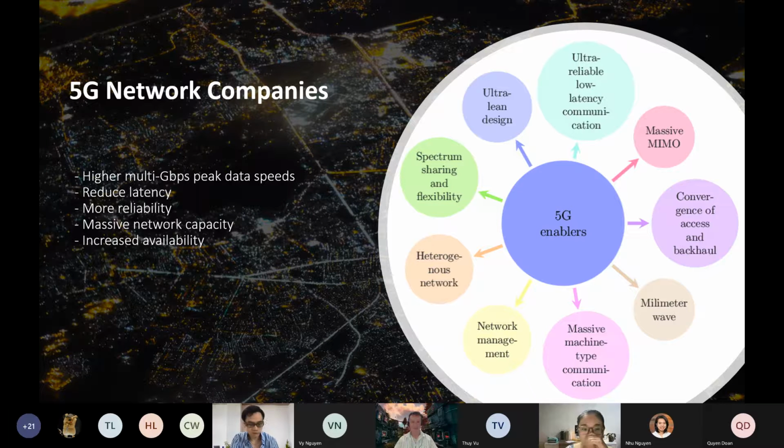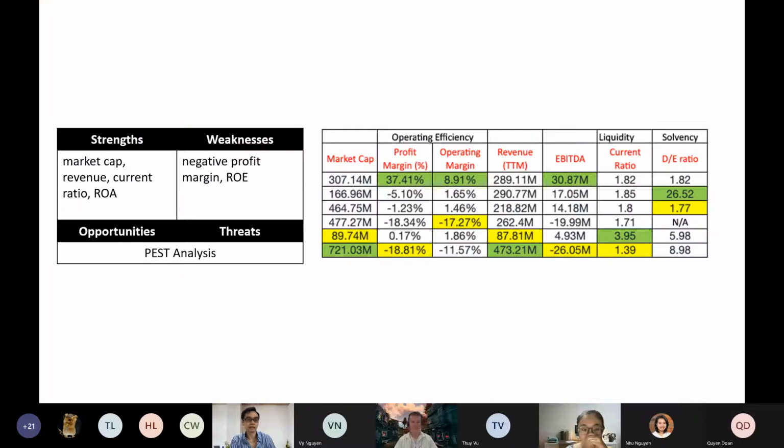And then for the SWOT analysis, we were kind of confused about how to do this, but we looked at the basics, and we think we should look more at the liquidity or solvency and the operating efficiency of each individual company, and then compare it back to the industry.